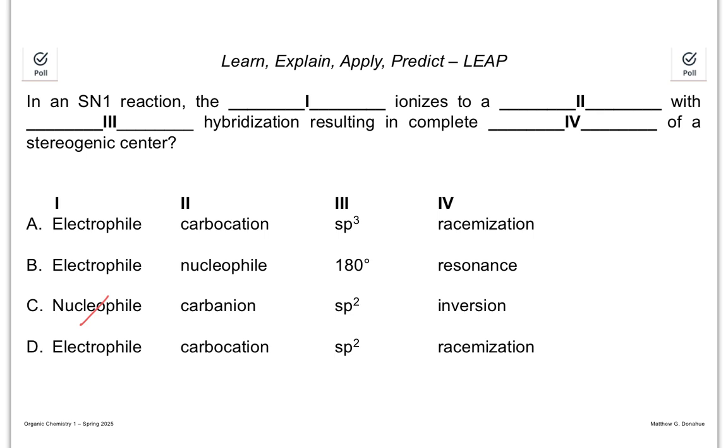That gets rid of B. With sp2 hybridization, so D, resulting in complete racemization of the stereocenter. So again, that's a verbal description of the mechanism the prior slide had shown, the arrow pushing in the structures of those intermediates.